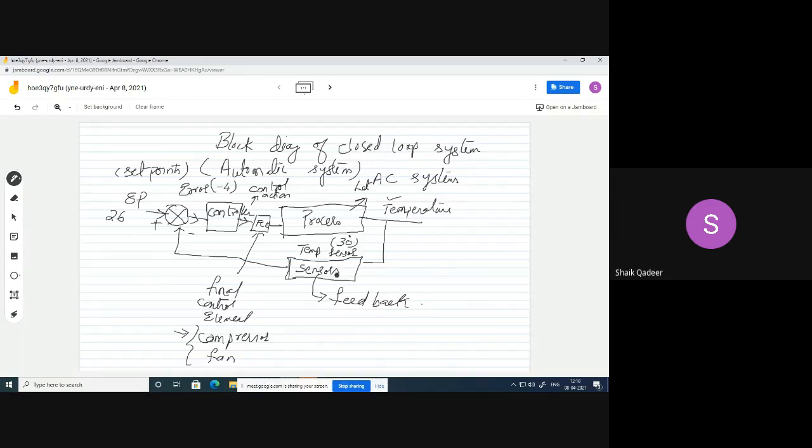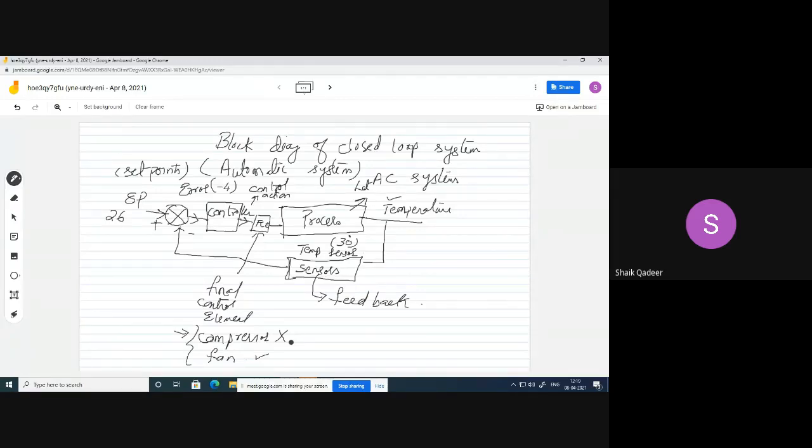If the observed value is equal to or smaller than the set value, then the control action will stop giving excitation to the compressor but continue giving excitation to the fan, because we want to maintain the temperature.